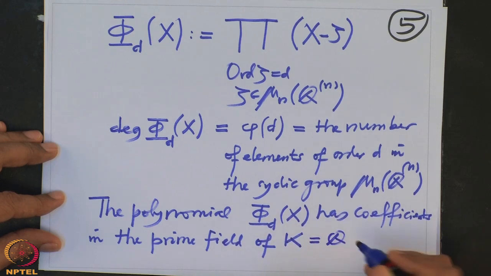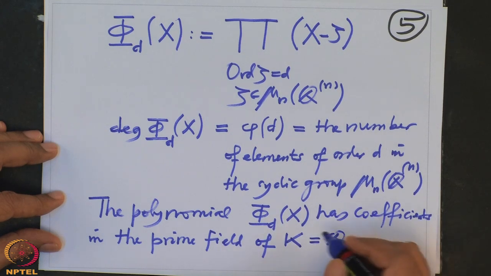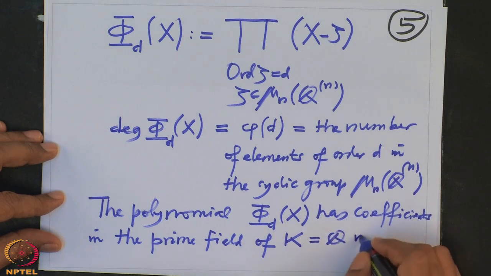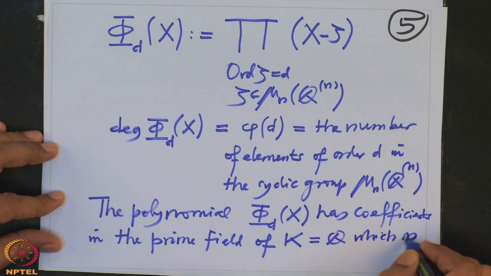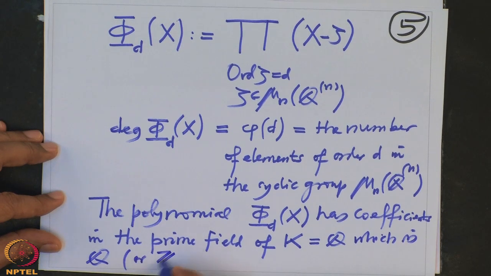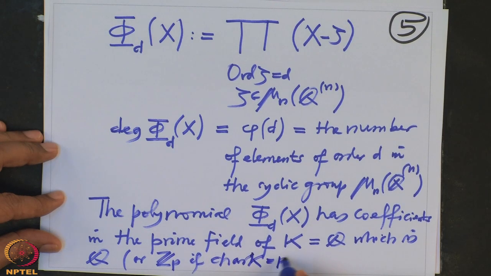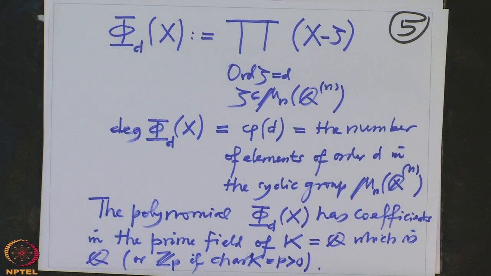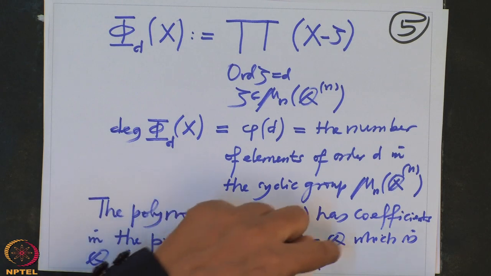That is precisely Q, which is Q, or Z mod P if the characteristic of K was P, positive. Anyway, we do it first for the characteristic 0 case.